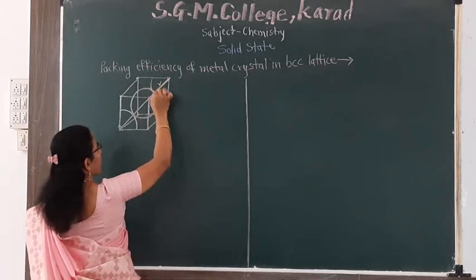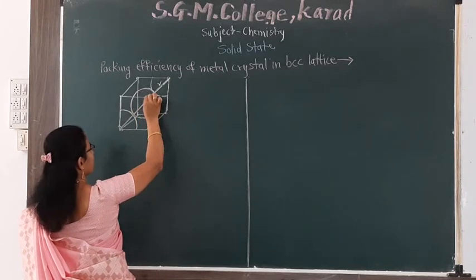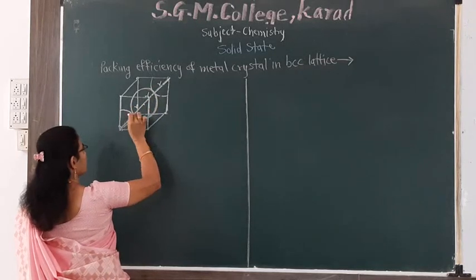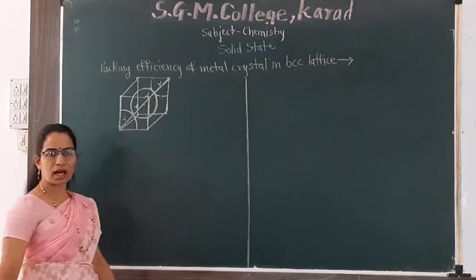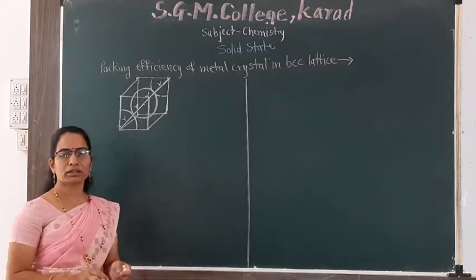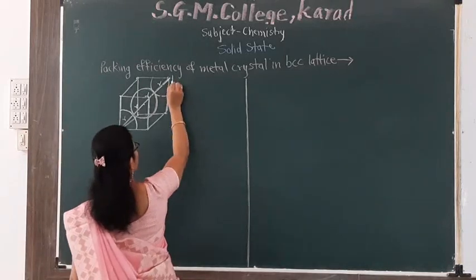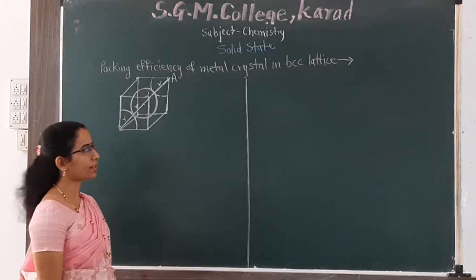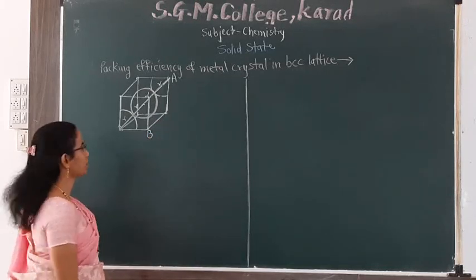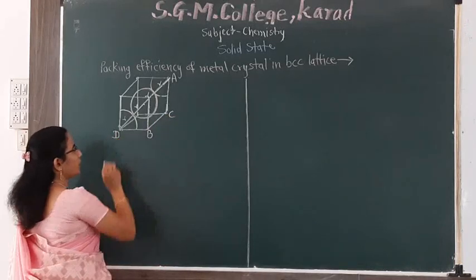The radius of the center particle is again r. Now I will label these particles. This corner particle is labeled as A. Here this corner will be labeled as B, then C and D.